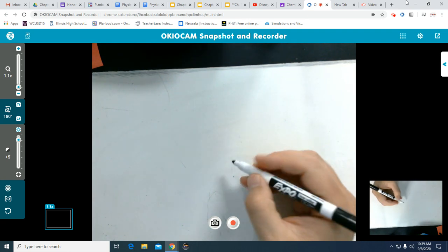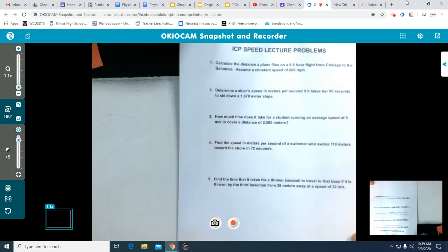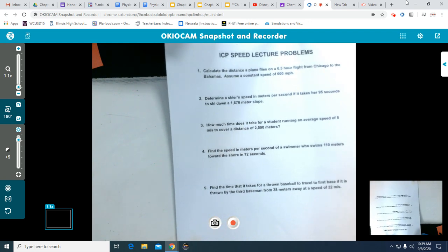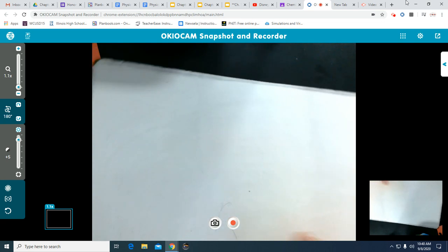Last one here is number 5. Find the time that it takes for a thrown baseball to travel to first base if it is thrown by the third baseman from 38 meters away at a speed of 22 meters per second.